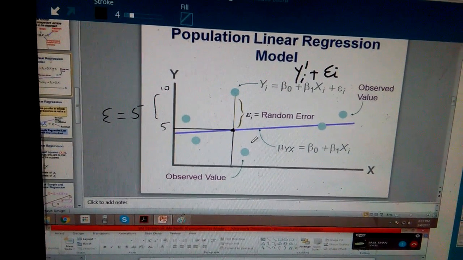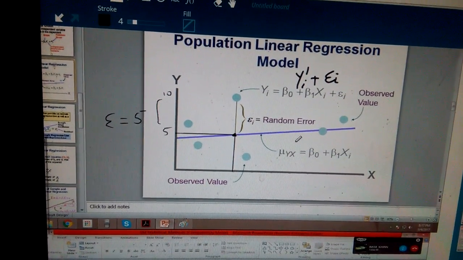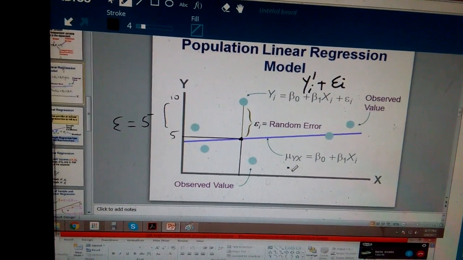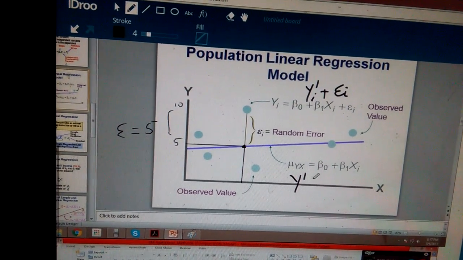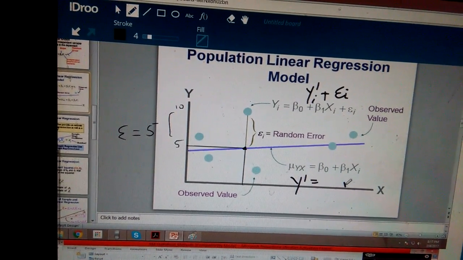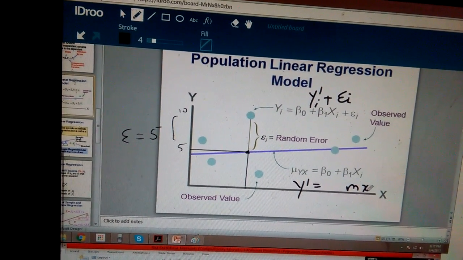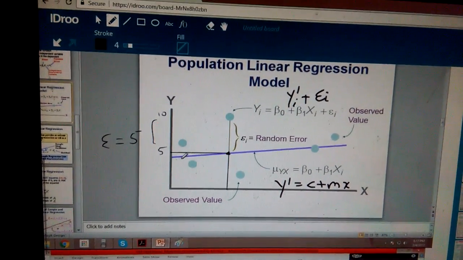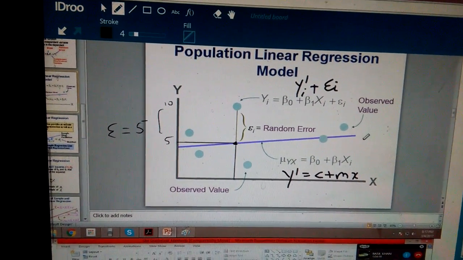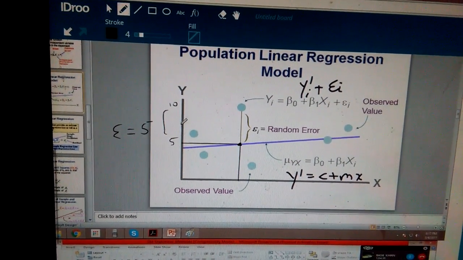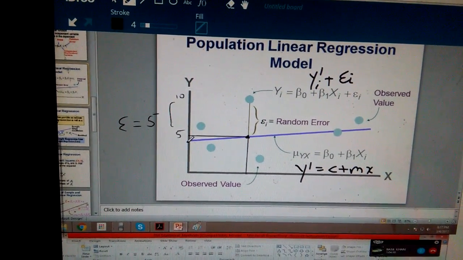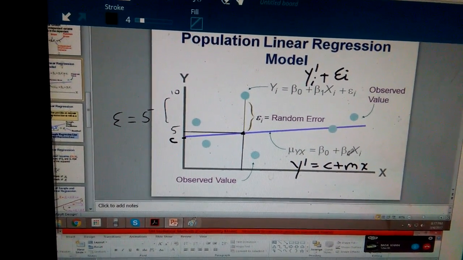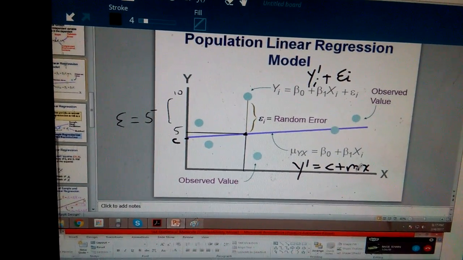As far as this line is concerned, over here they have written the equation of this line. In simple words, y dash equals mx plus c, where c is the y-intercept, meaning the point where this line cuts the y-axis. You can see that this point is your c, and beta 1 represents this m, where m is the slope.